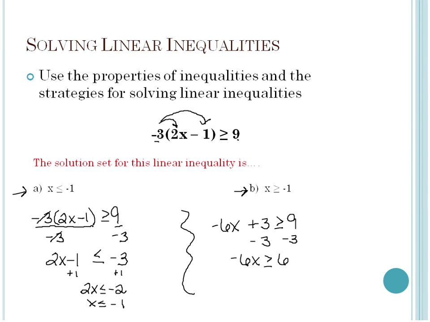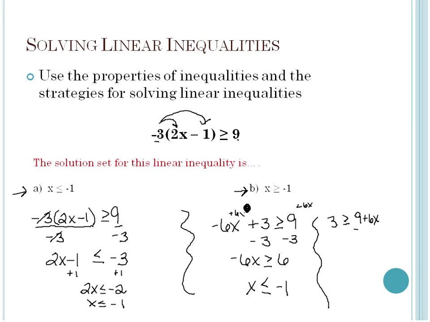And now I could divide by -6, and if I divide by -6, I'm again going to reverse that inequality, and 6 divided by -6 is indeed -1. Or if I'm at this step right here, I could add 6x to both sides. And so I'd get 3 is greater than or equal to 9 plus 6x.